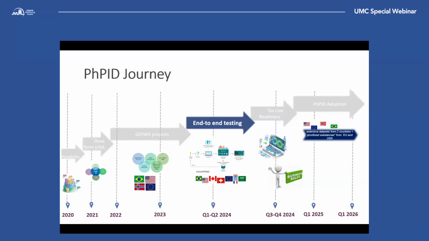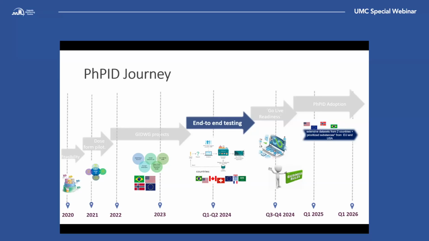Then in 2021, we moved into the dose form pilot, since the previous pilot had demonstrated that IDMP pharmaceutical dose forms as per ISO standards are quite challenging to apply on a global scale. This pilot allowed us to test the concept of describing the dose form with 4 IDMP attributes, as Olaf mentioned a couple of minutes ago, on a smaller scale, and then refine our methods.